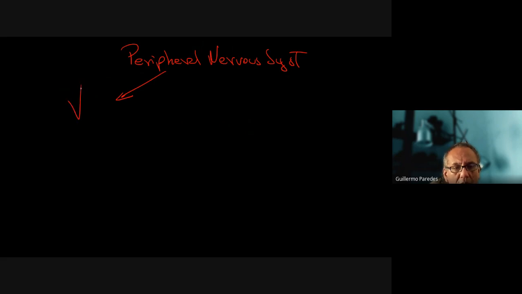I'm going to start fresh here. And let's start. The peripheral nervous system is going to be divided into the voluntary peripheral nervous system, and the other one is the involuntary nervous system.